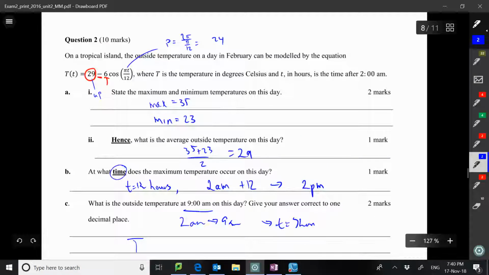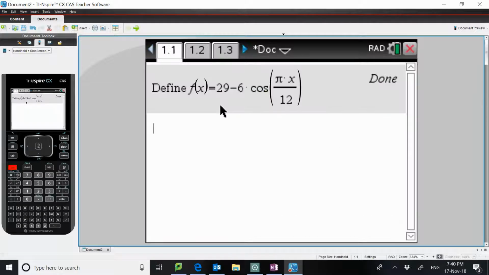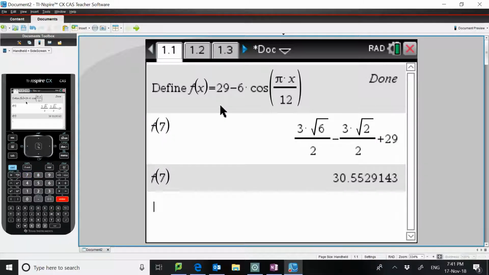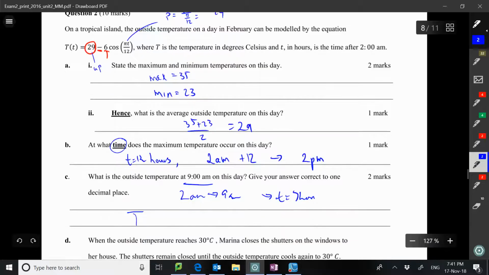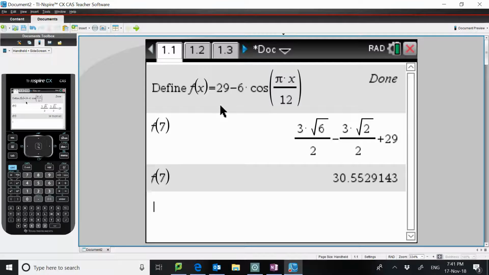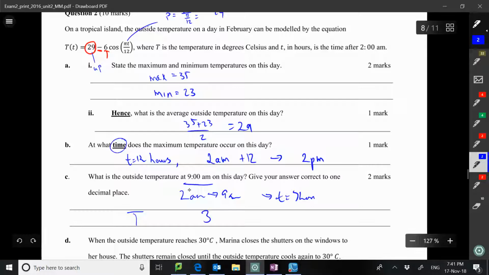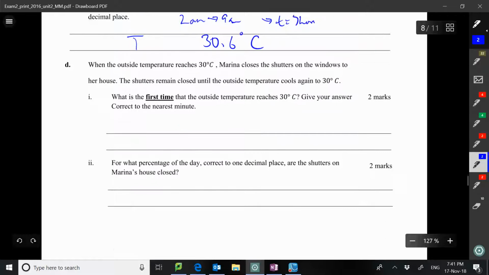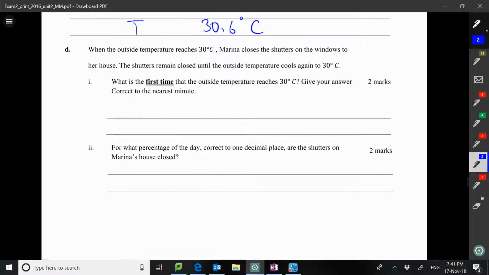So now, since we defined the equation, we can just go back and say, well, F of 7 is 30.55. It says give correct to 1 decimal place, so 30.6 degrees Celsius.